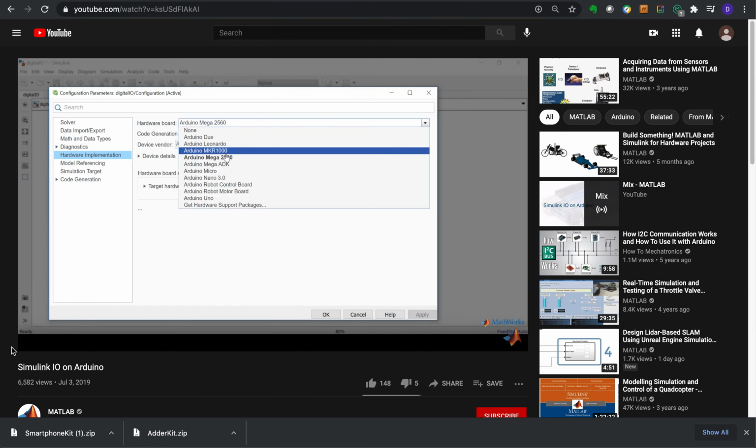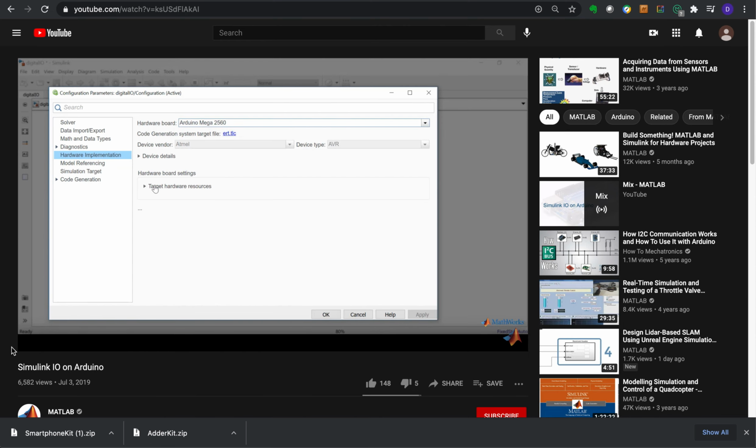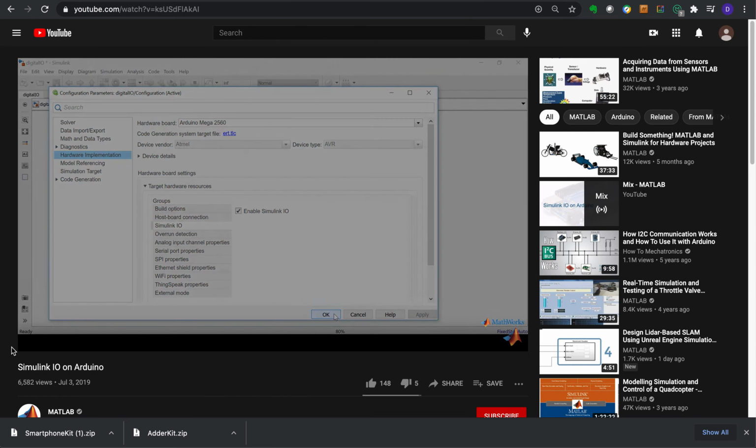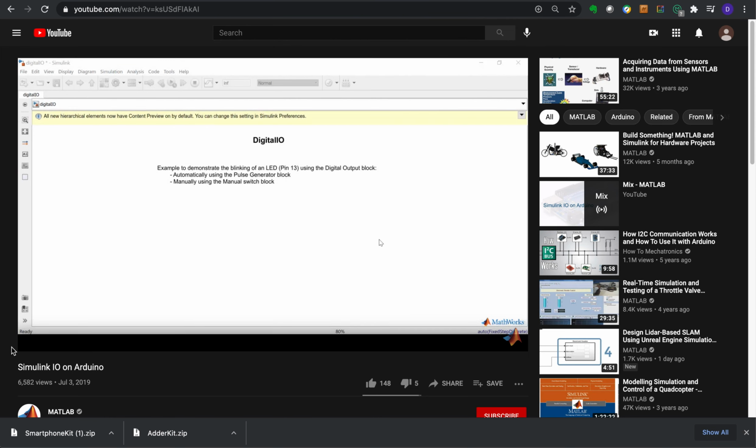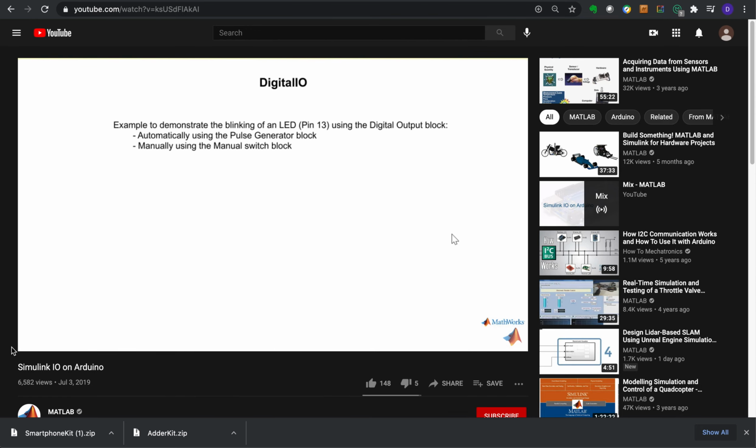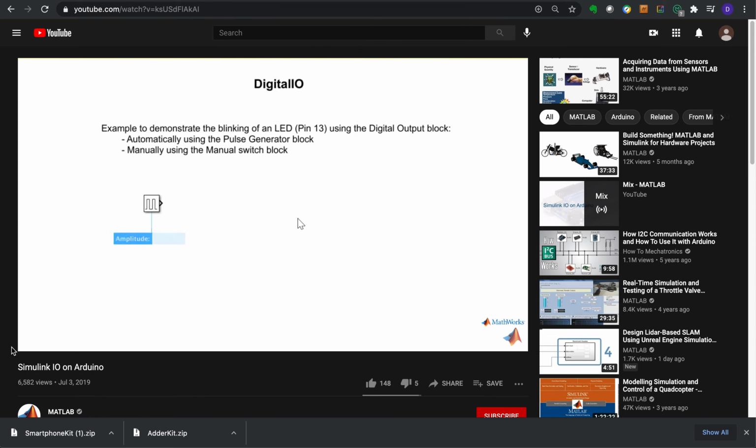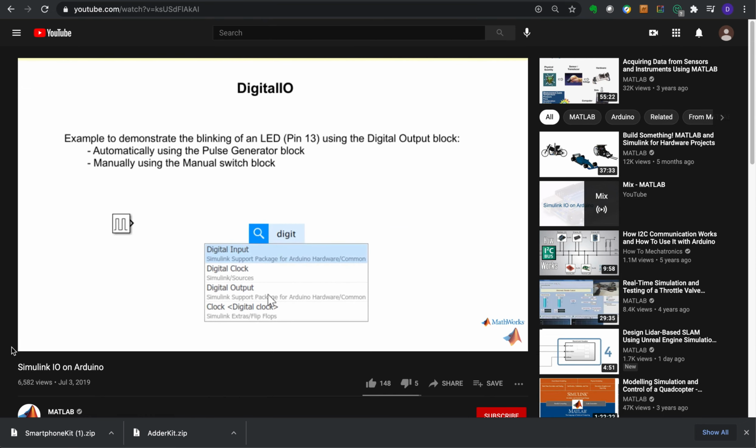In my case, I'm using an Arduino Mega 2560. Go to Target Hardware Resources, go to Simulink IO, and check the Simulink IO option. Right now, it's already checked. So I will be demonstrating the blinking of an LED using the digital output block. I'll do it in 2 ways. One is automatically using the pulse generator block, and the other is manually using the manual switch block. We will just do the first case. Take a pulse generator block and a digital output block.